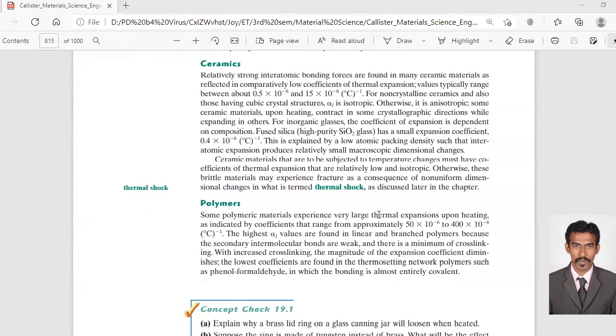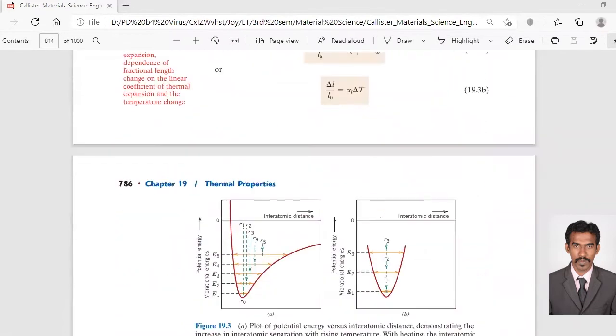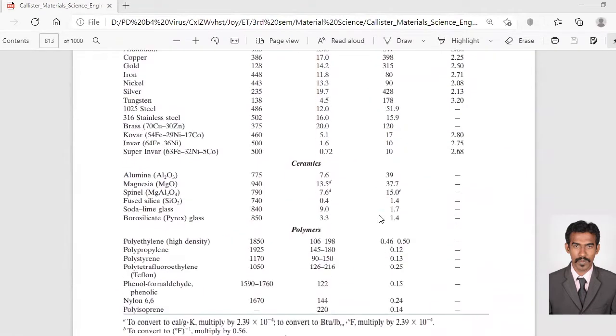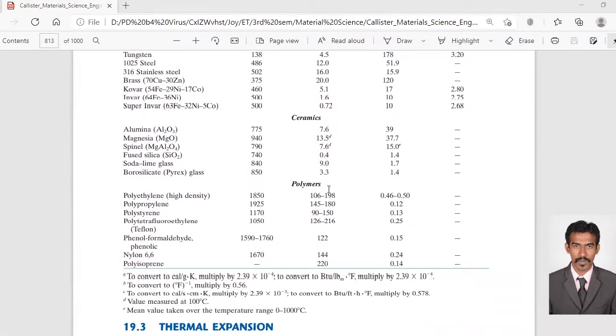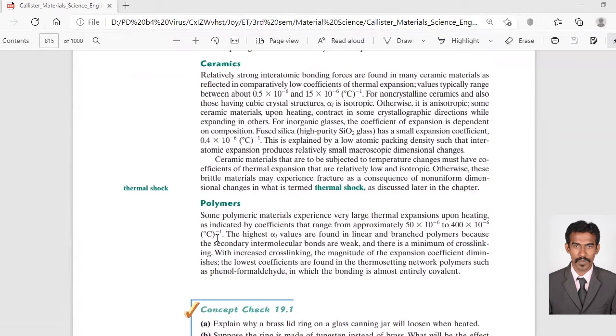Then we have polymers, right? Polymeric materials experience very large thermal expansion upon heating. In the table, when you compare, these have a very large thermal expansion coefficient compared to the other two, in the range of around 50 to 400, while for metals it is around 5 to 20, so it is about 10 fold.